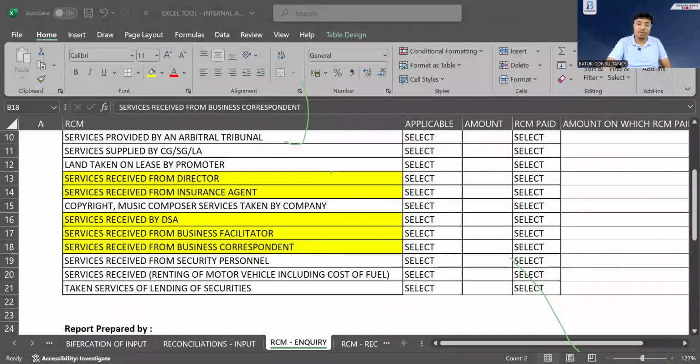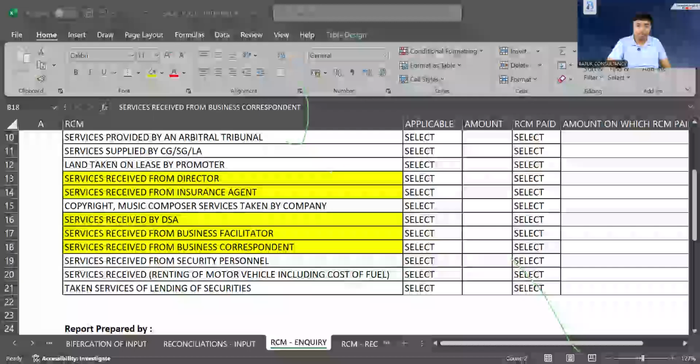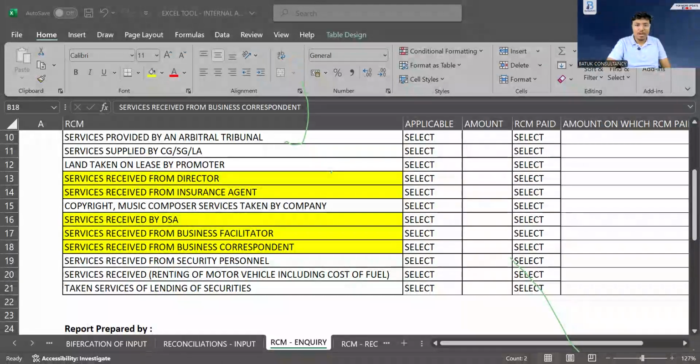Yes, sir, tax is also included. No, sir, Ram Shankar sir, this is not like that. This is applicable only in case of security charges. If in security charges certain medical things are included, then yes, on this amount RCM is applicable.